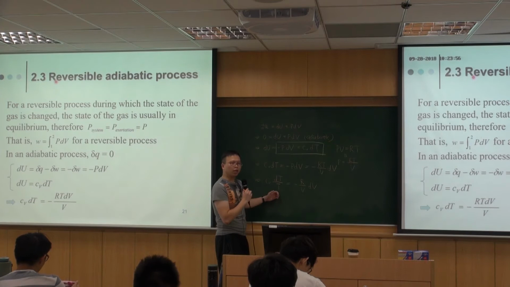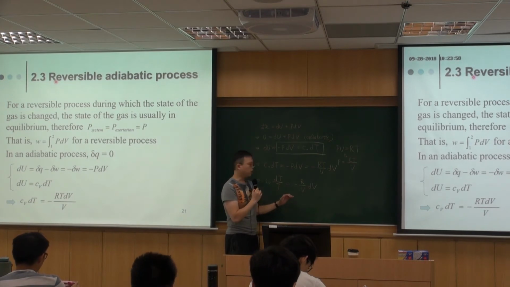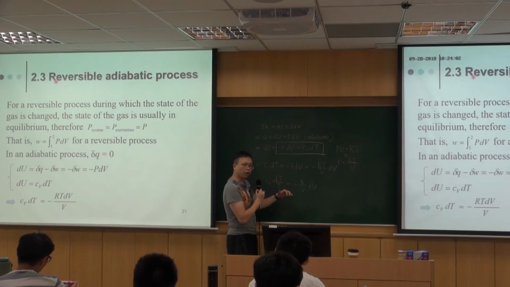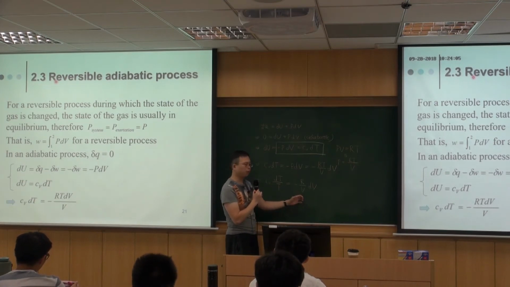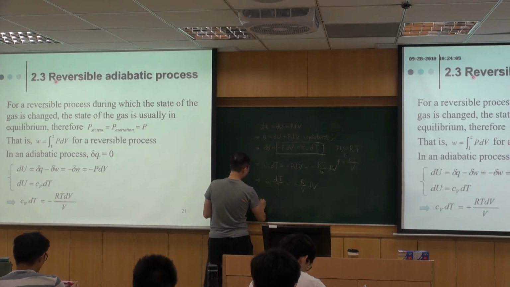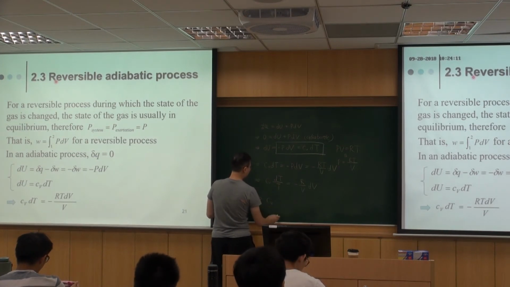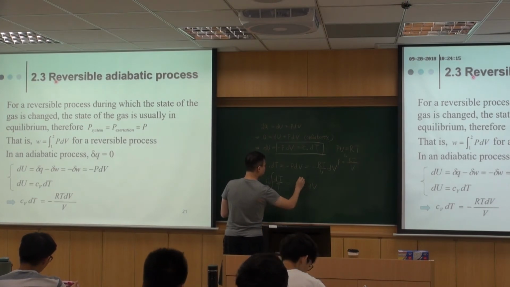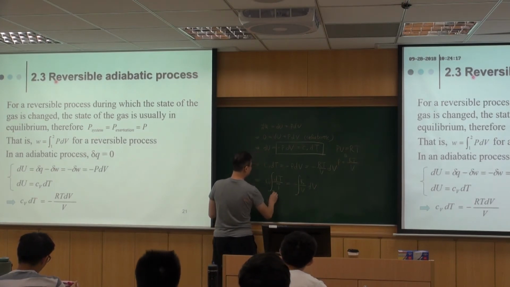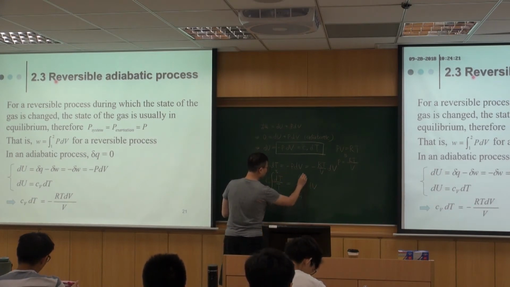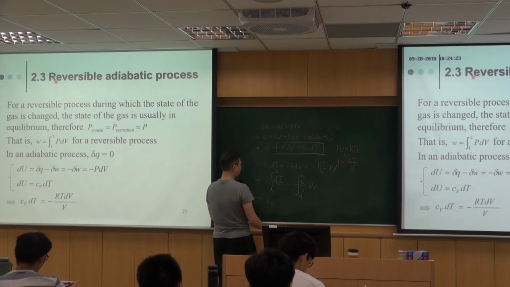So now imagine that we have a process from, say, temperature 1 to temperature 2. And accordingly, you also have a volume change from V1 to V2. Then if we do the integration over here, say from T1 to T2, and it corresponds to V1 to V2.